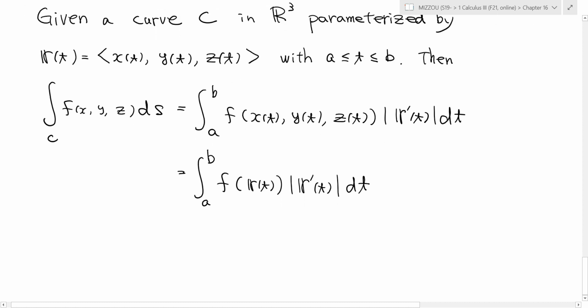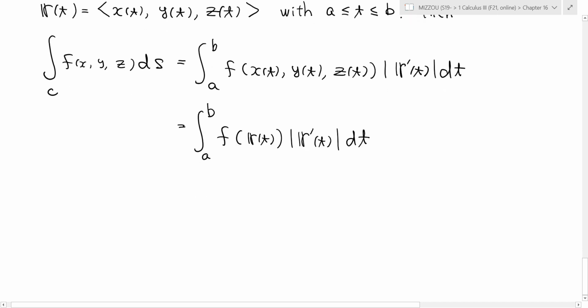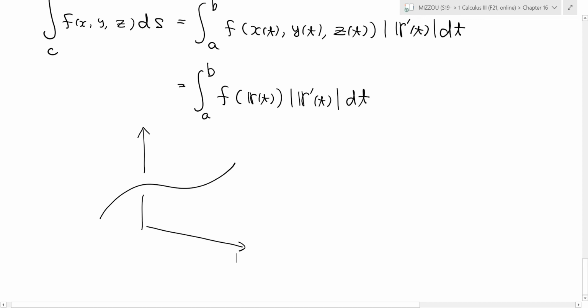Then what is this? Well, one sort of physical meaning of the line integral is this. Or one way to use line integral in physics is like this. So C is some curve in R2, or R3 actually. So on the XYZ space, you have some curve, like t is equal to a here, and t is equal to b here.